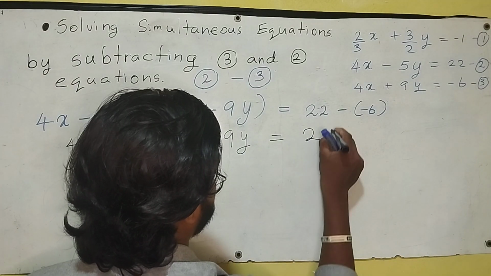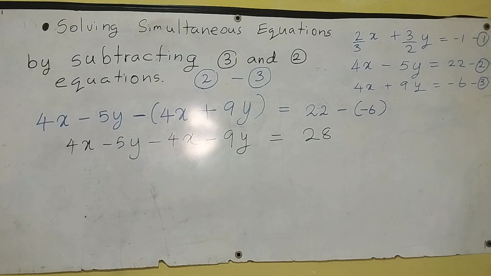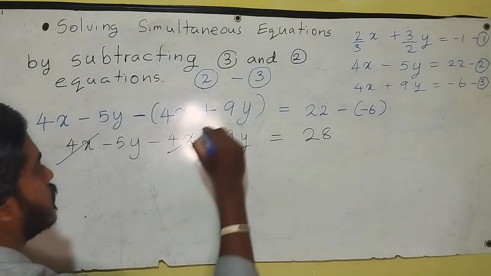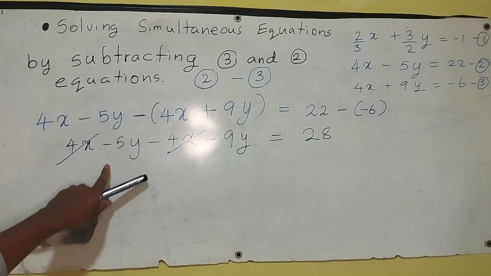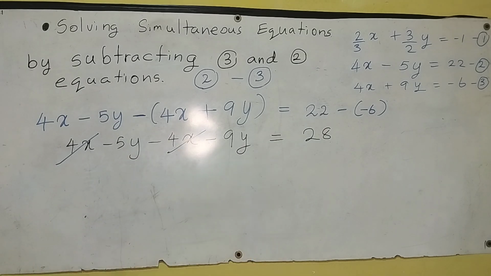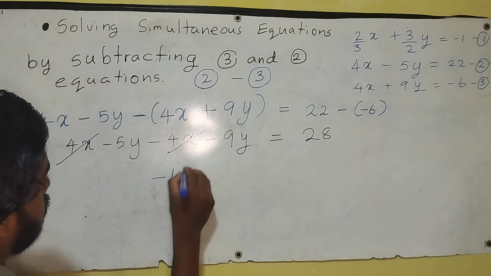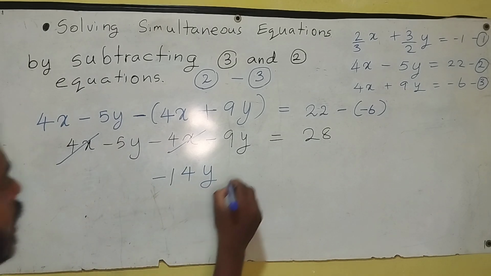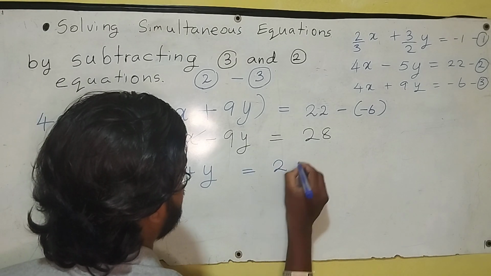It is 28. Now we can cut off plus 4x minus 4x. Now minus 5y minus 9y is minus 14y, equal to 28.